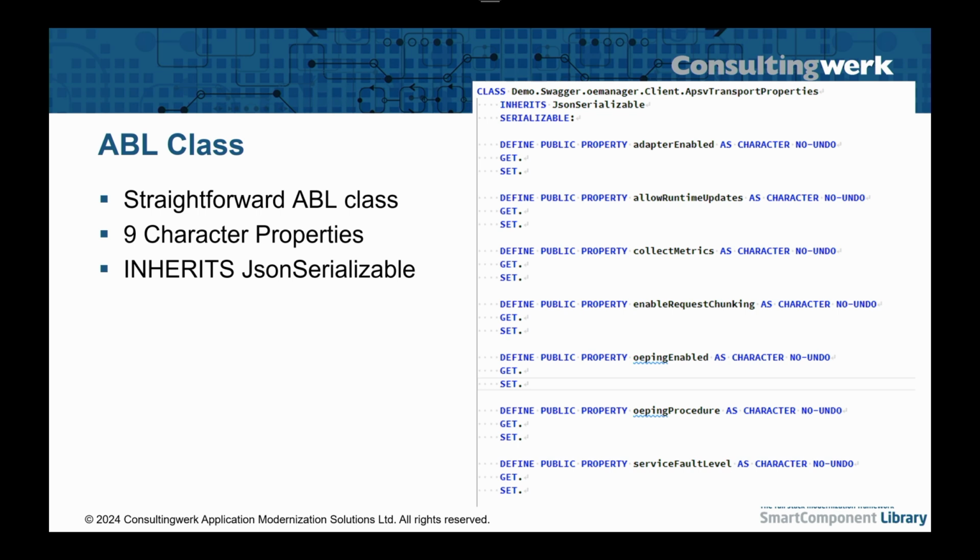So I want to turn that into an ABL class with simple properties of the matching data type and the correct name. Because then, as an ABL programmer, I have no risk with the uppercasing, lowercasing of the property names anymore. I have no risk with misspelling a property or using the wrong data type, because I use this class, and it inherits from our JSON serializable and does all the magic with the JSON object model behind.